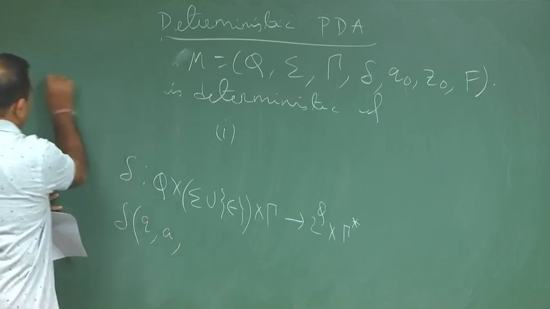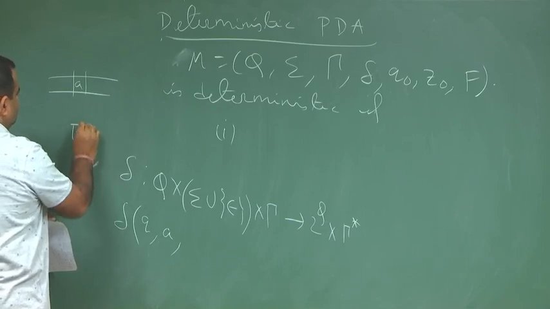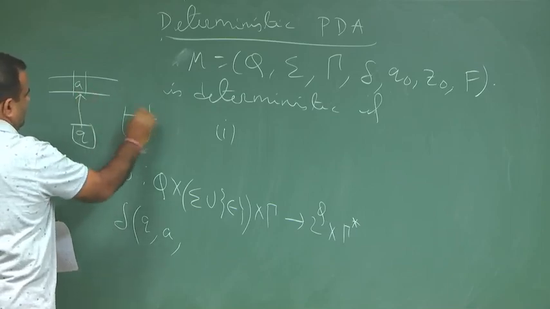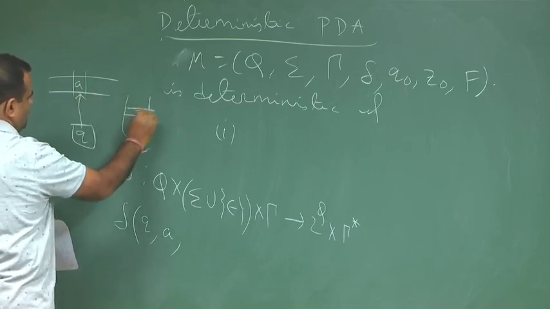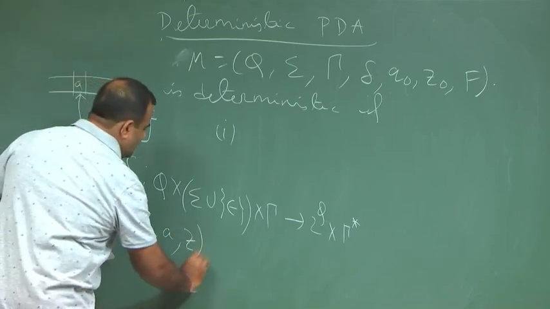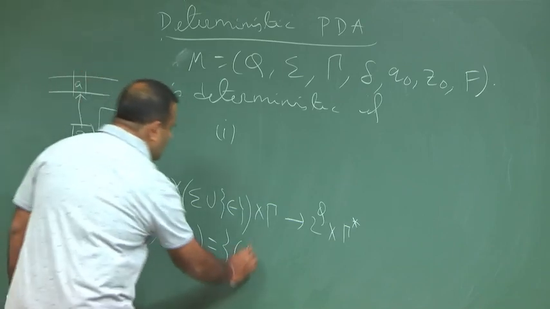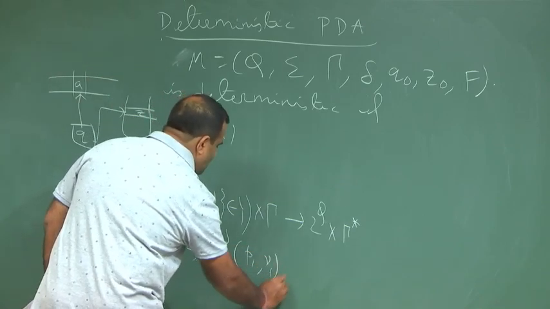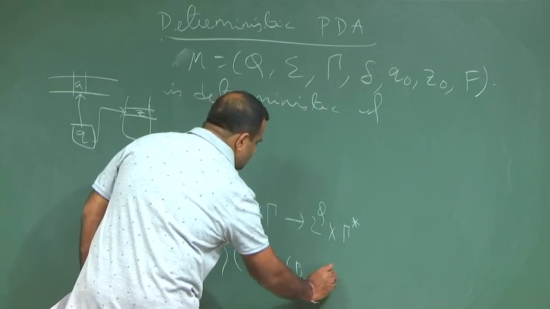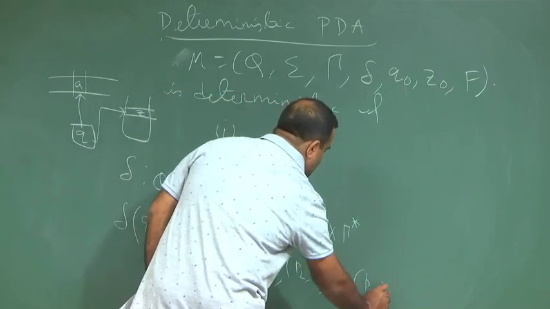So, that means, if you take the earlier one, suppose this is the situation, you have A and Q is the current state, and say top of the stack is Z. So, we are reading Z. For non-deterministic, here we have many options, like we have P1, gamma 1, P2, gamma 2, up to Pn, gamma n.